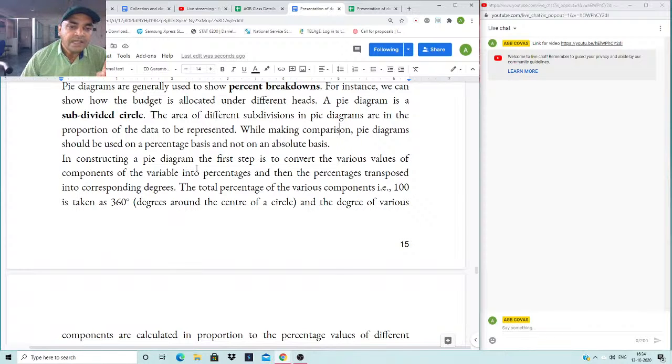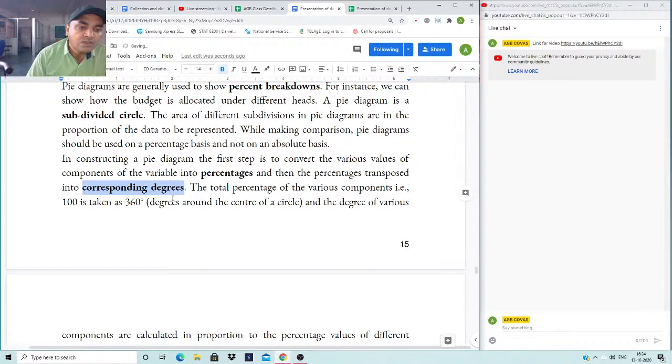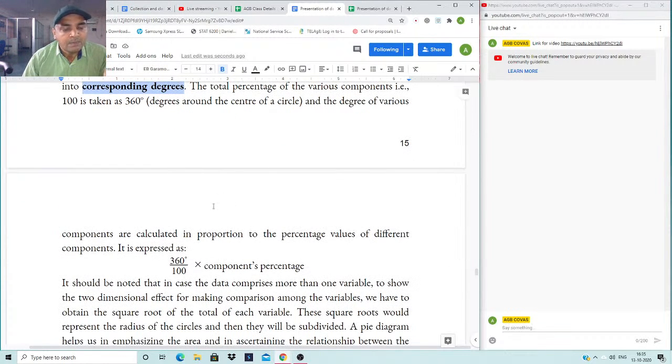In constructing a pie diagram, the first step is to convert the various values of the component variables into percentages, and then the percentages are transposed into the corresponding degrees. The total percentage of the various components, 100, is taken as 360 degrees around the center of the circle.